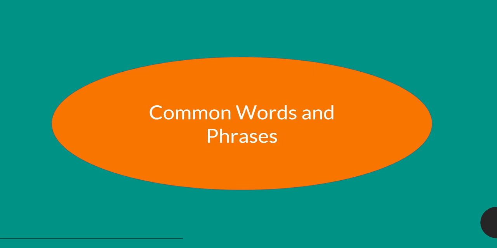We then have our common words and phrases, and these are things that you might hear people saying all the time in a workplace, but you may not really understand what they are. Some of them may be idioms, so perhaps phrases that don't really have their literal meaning, but that have just developed over time to mean something else. So to give a ballpark figure would be one thing that you look at in this vocabulary list.